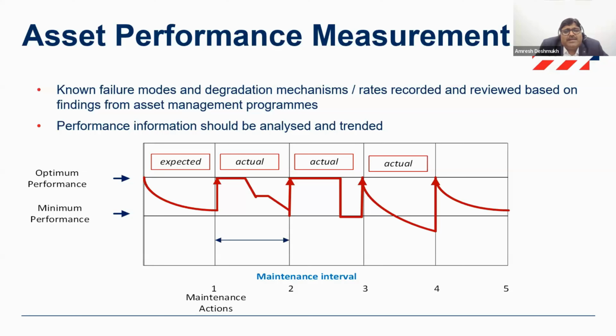Now, if you look at the third cycle, it is slightly different. You will have sudden failure. The sudden failure is so bad that it actually reaches the minimum performance level, and you would be operating for quite some time before your maintenance comes in, before your preventive maintenance cycle kicks in. So now you're operating under the minimum performance conditions for quite some time.